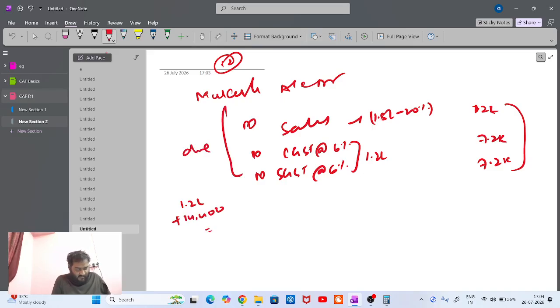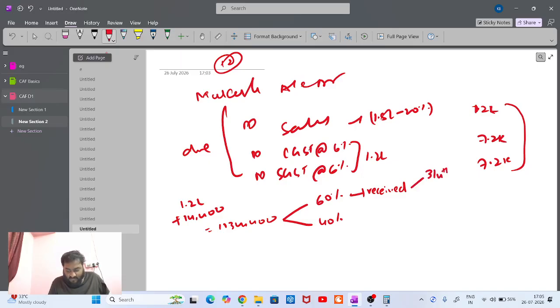Out of which 60% and then 40%. 60% received, out of 60%, 3/4 by cheque, 1/4 by cash. Out of 40%, it is not yet received from Mukesh.